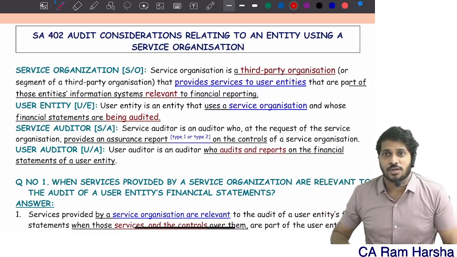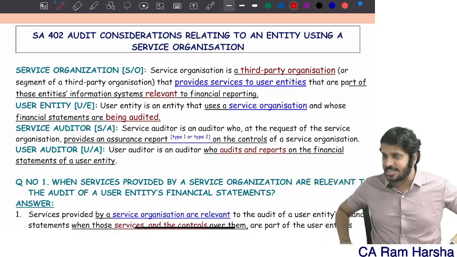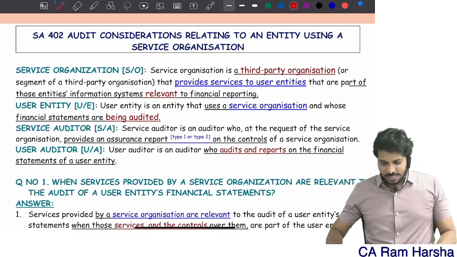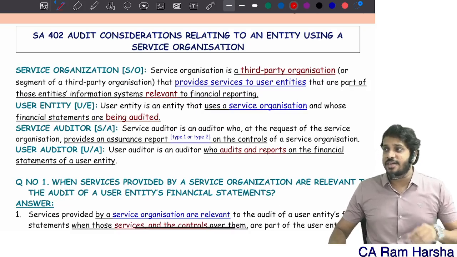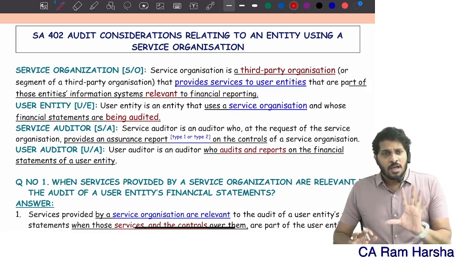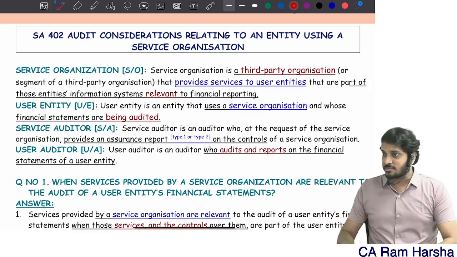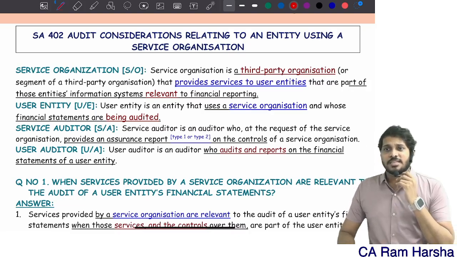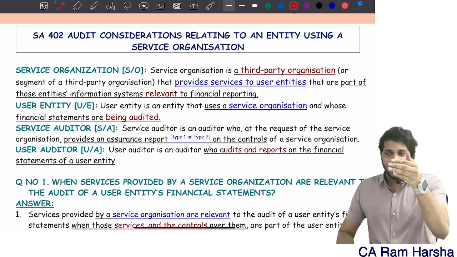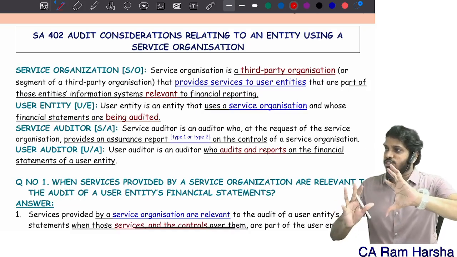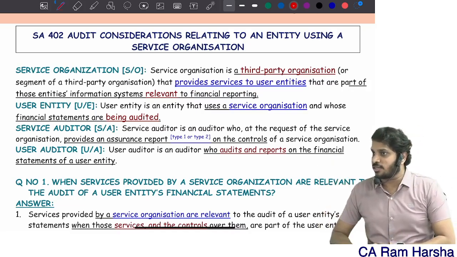Payroll function means what? Tell me, payroll is generally a significant cost for any company. Yes or no? Employee cost is one of the significant costs for any company. What will be there in the payroll activities? If you understand this example, the standard becomes easy. First of all, HR and payroll both put together we'll look into.